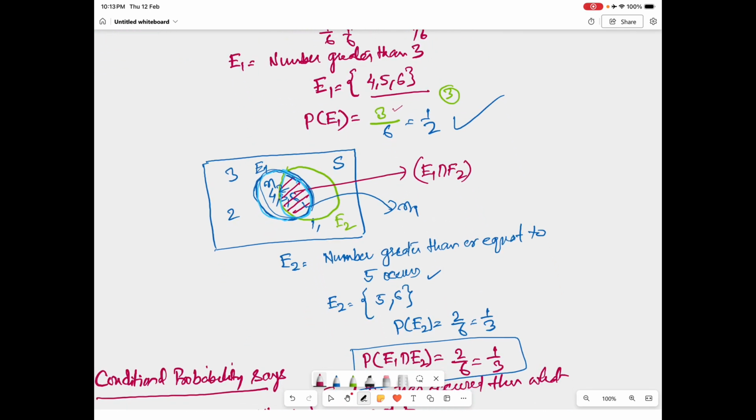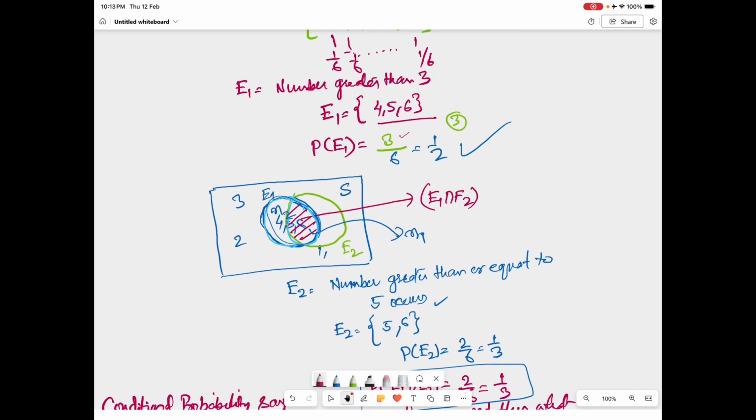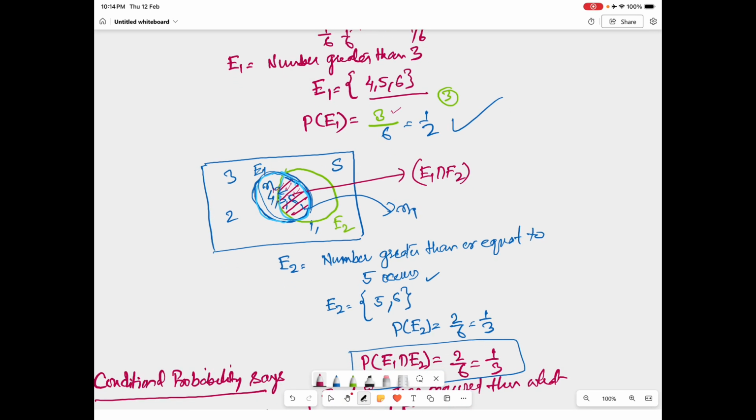You can see here I have drawn this as a Venn diagram. There is an event E1, which I have already defined here. E1 is a number greater than 3. The numbers greater than 3 are 4, 5 and 6. You can see here 4, 5 and 6. And E2, I am defining as another event, a number greater than or equal to 5 occurs.